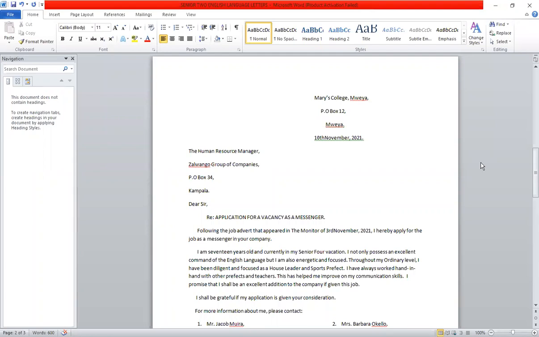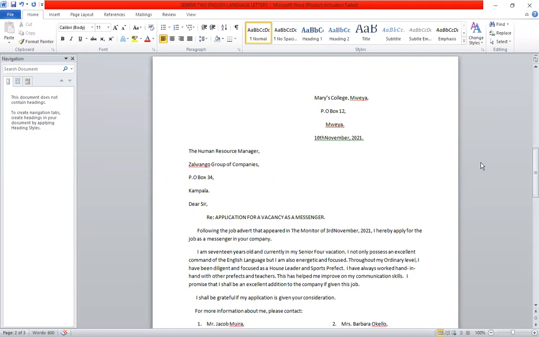You even realize that when you're writing our body between the introduction and the body, it looks like we skipped a line, but we didn't. The only part where you're supposed to skip a line is after the sender's address when you're going to write your date, and then when you're going to write the receiver's address. But the rest, there are no lines skipped. That is a computer issue. Oh, okay, thank you.